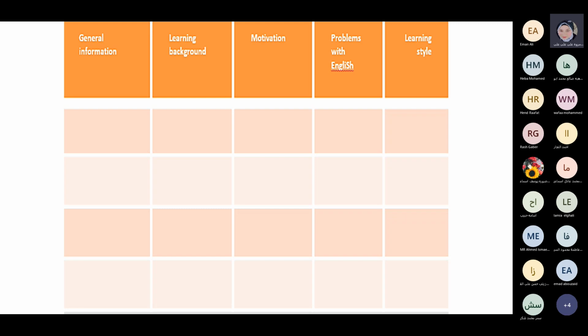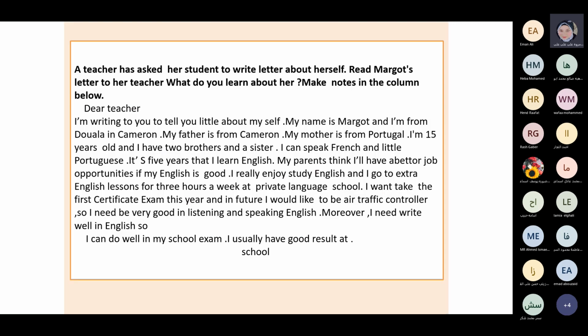Problems with English. What are her problems with English? What's her learning style? Of course, if you have the book, you will find that it's on page 97. You can even read it, and I will show it to you here. It's not the whole letter actually, but it's there on page 97 of your course book. If you have it, please read the letter.